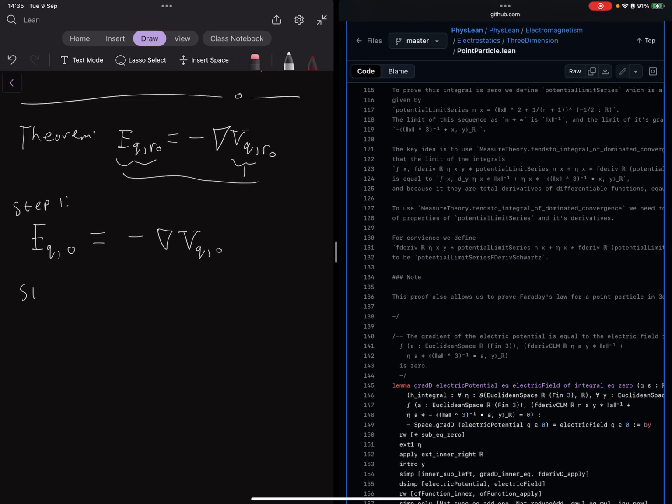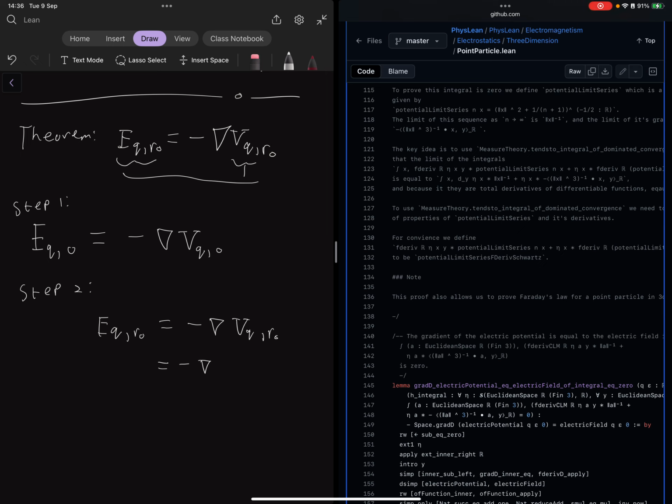Obviously step 1 is tricky and involves a lot of other steps, but then step 2 after that is to use the fact that the translation operator basically commutes. So if we want to prove this here, we do the following.